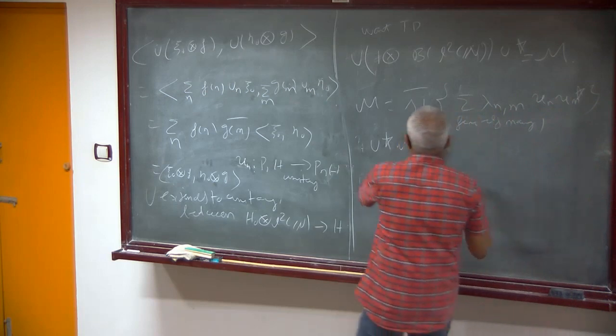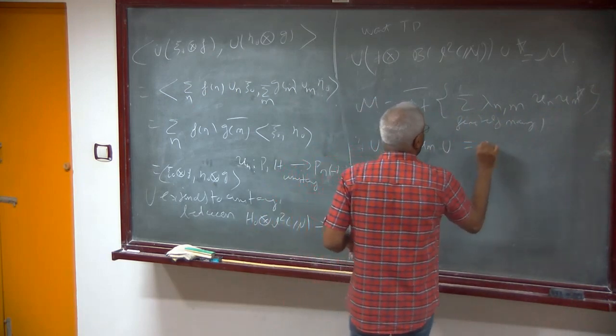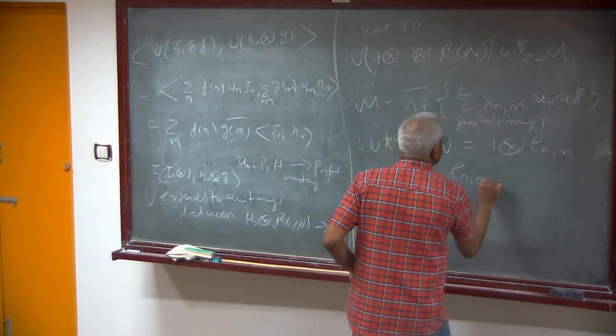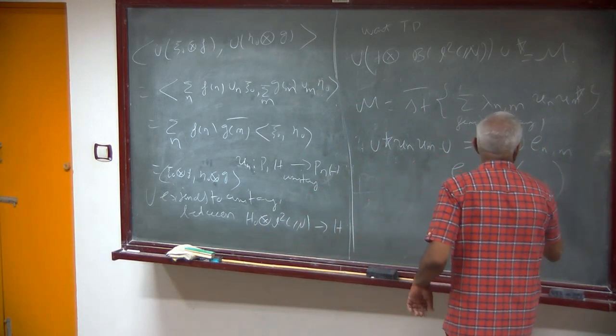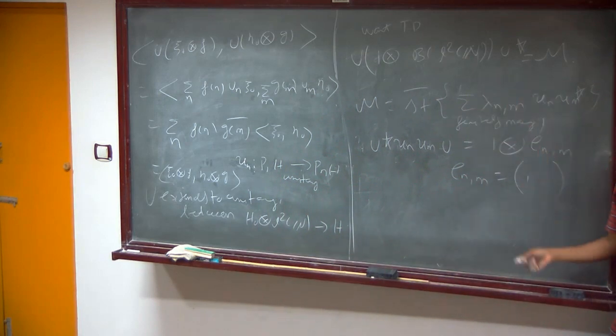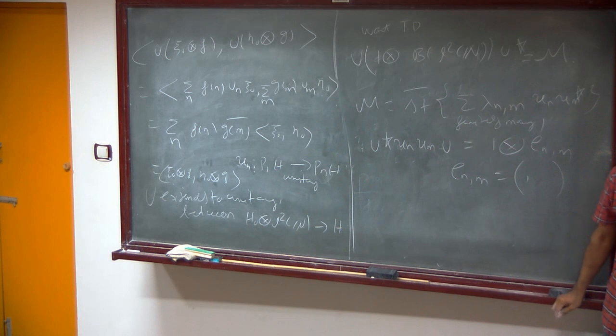So if you take U of un um star, U equal to 1 tensor ENM, where ENM is a matrix with entry 1 at the nth place, 0 everywhere else, which is an operator on L2N. So it will be clear that it will take B of L2N to here, M. If it's not clear, you write it down, it will be clear. I leave it as an exercise to write it clearly.